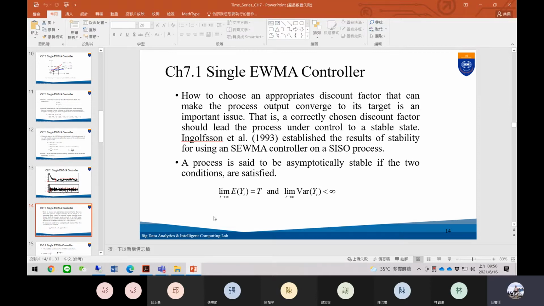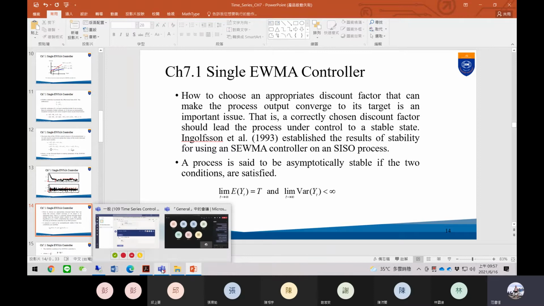Ingolfsson published in 1993 the bias corrector stability condition for a single EWMA on the SISO, single input, single output.